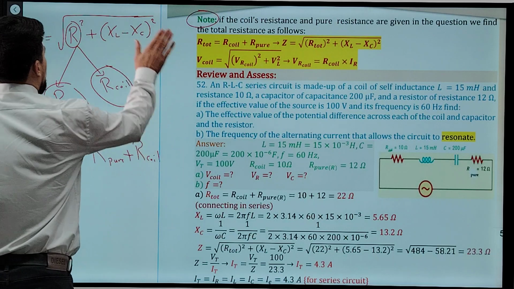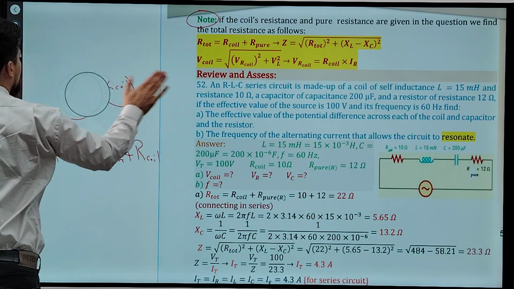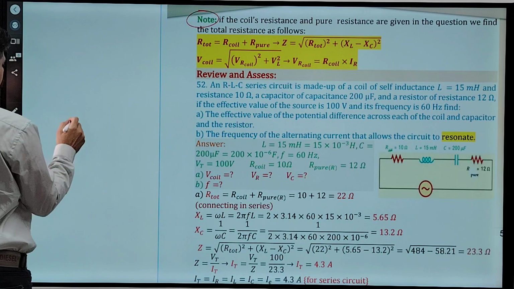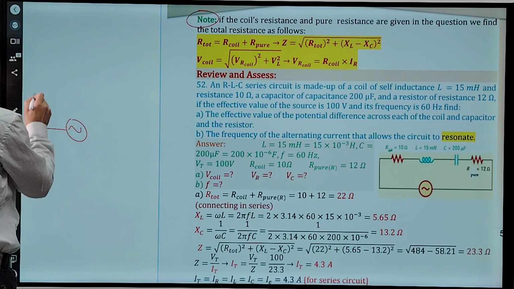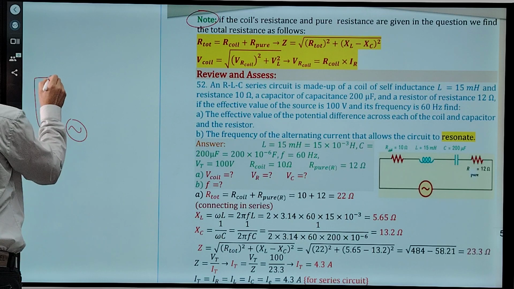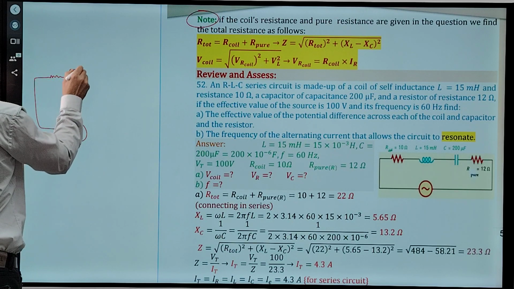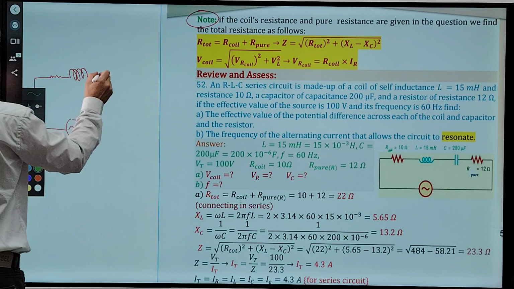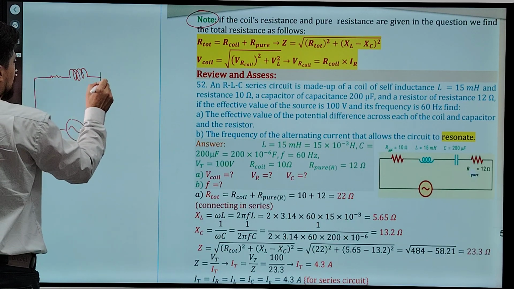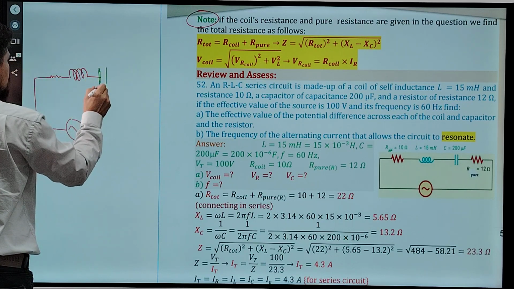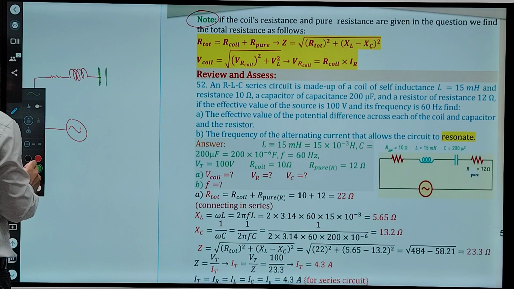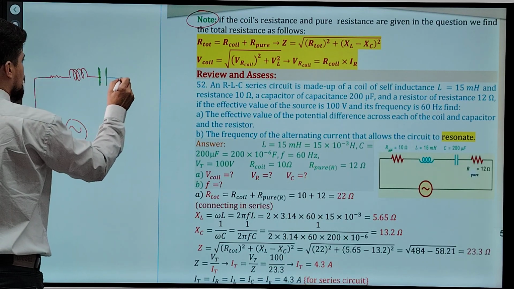Okay? If the circuit is made of a coil with a resistance, okay, this AC source is connected with what? This is the resistance of the coil, okay, and capacitance. What is this? This is capacitance, okay, and resistance.